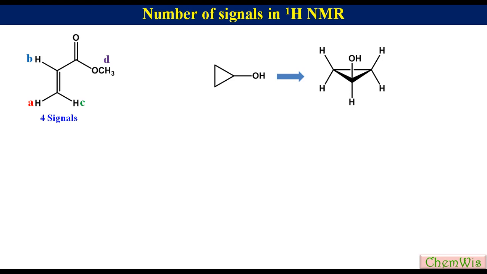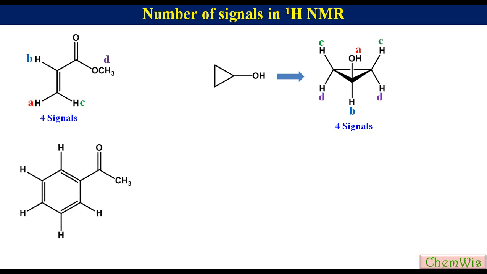Label the 3 clearly distinct protons as A, B and C. Proton C is closer in space to OH, while this proton is closer to proton B. So this proton will be different from proton C. So label it as D. This proton has the same environment as C, so label it as C, and similarly the remaining proton can be labeled as D. So cyclopropanol will show 4 signals in the proton NMR.